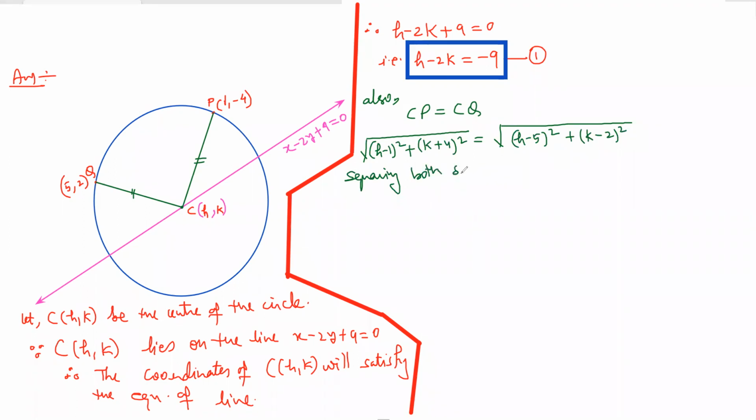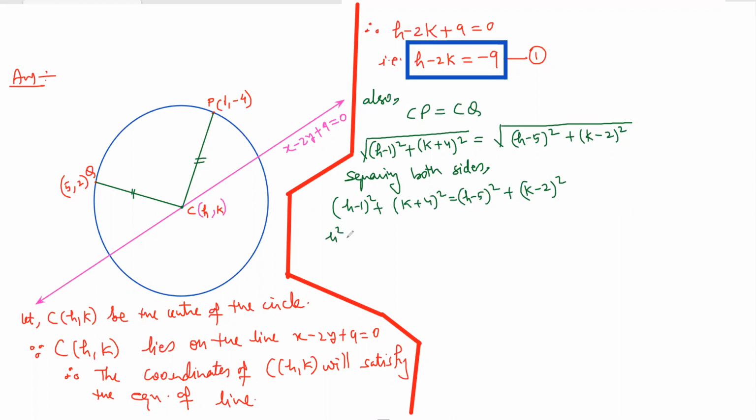Squaring both sides. So when you square both sides, what do you get? You get (h - 1)² + (k + 4)² = (h - 5)² + (k - 2)².